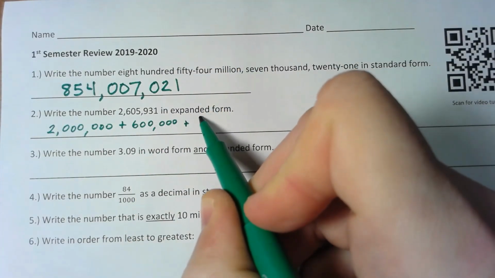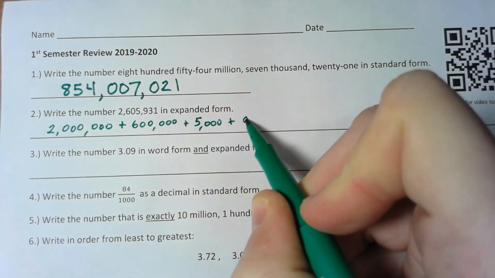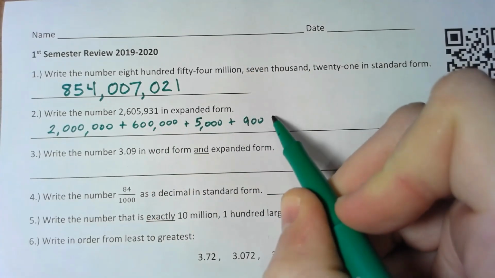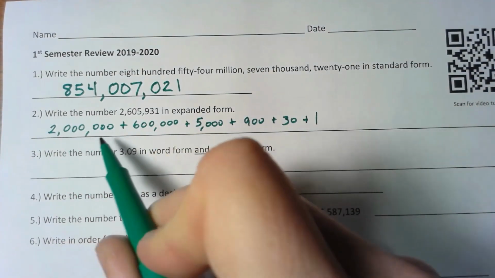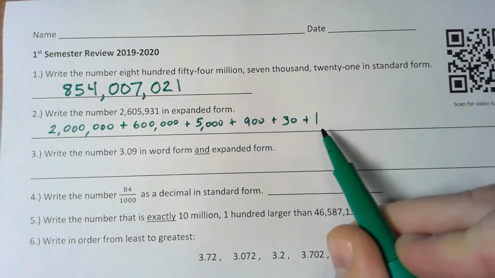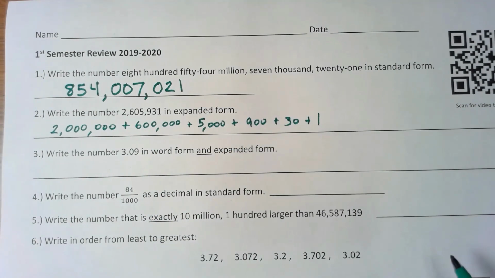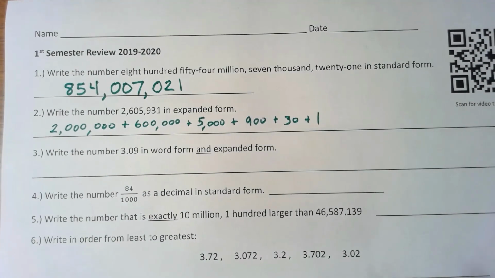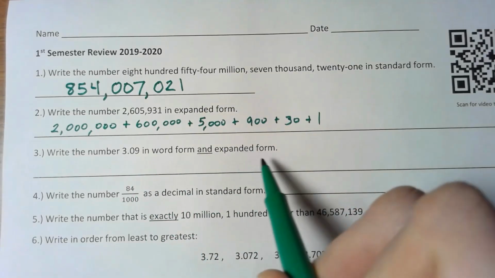The 5 has a value of 5,000. The 9 has a value of 900. The 3 has a value of 30. And the 1 has a value of 1. When I add all of these numbers up, I will get 2,605,931.